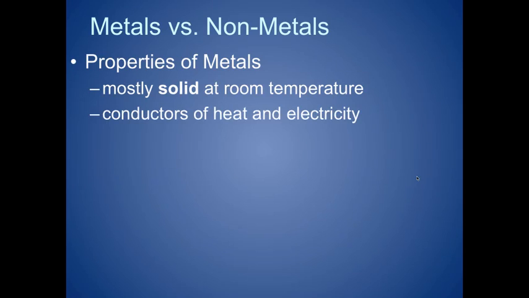Another property is that they conduct heat and electricity very well, so if they are exposed to heat, they will conduct it. Likewise, an electric current can pass through them. That's why a lot of our wiring is metal. They are ductile, which means they can be drawn into a wire. And then a last property is that they are malleable. Malleable means flexible, so they can be bent, hammered into shapes without necessarily breaking.